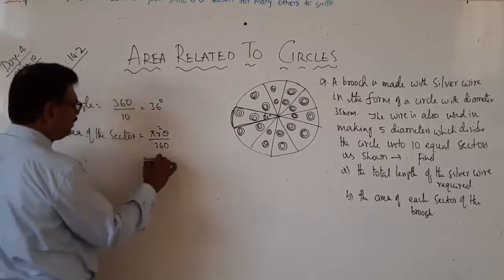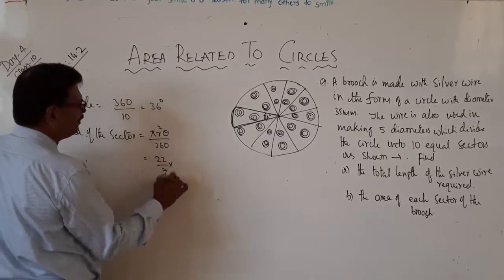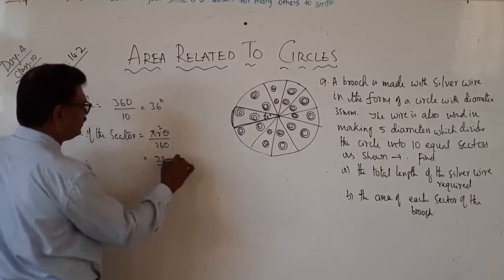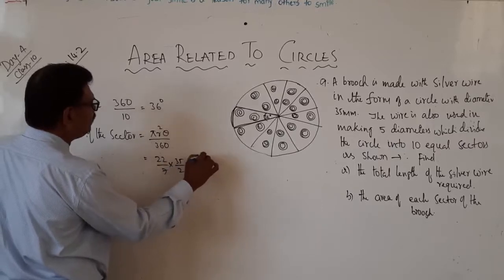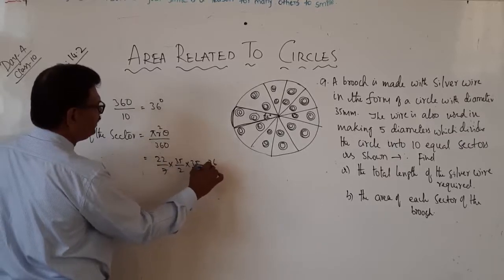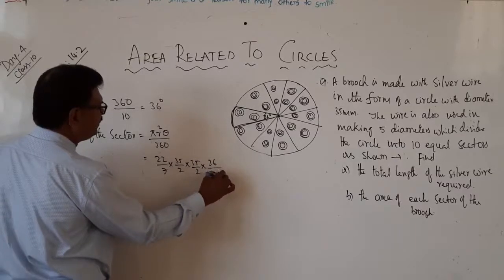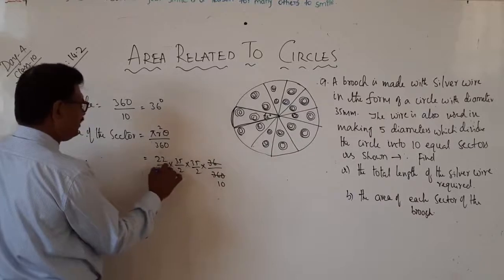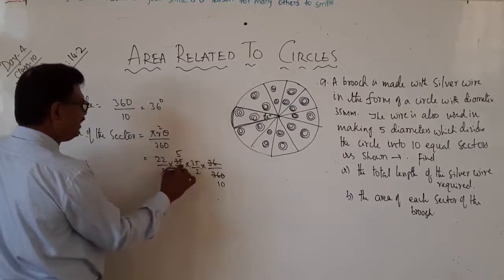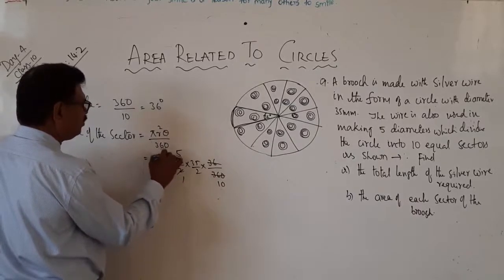It is 22 by 7 into r, which is 35 by 2, into 35 by 2, into theta, 36 divided by 360. Cancelling: 7 ones, 7 fives, 2 ones, 2 elevens.